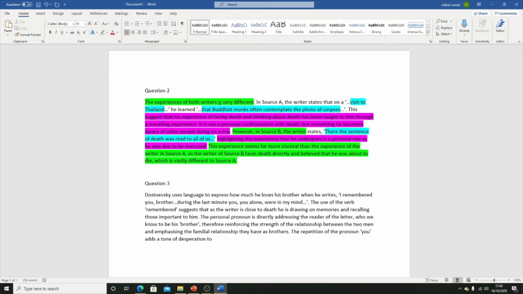If it's going to interrupt the flow of your thoughts, it's better to get your thoughts down and then go back and correct it. The repetition of the pronoun "you" adds a tone of desperation to the letter, and emphasizes the need the writer feels to connect to his brother.